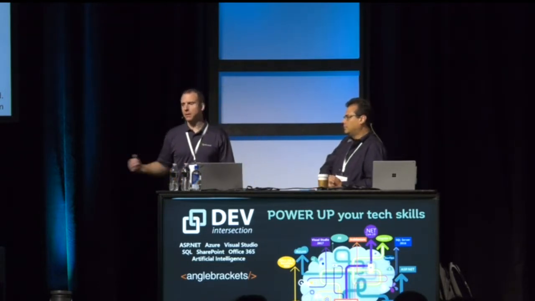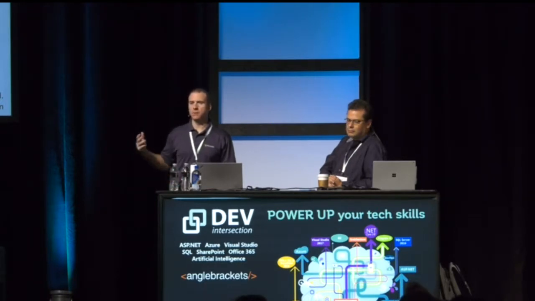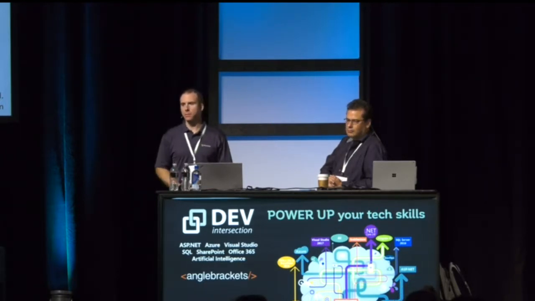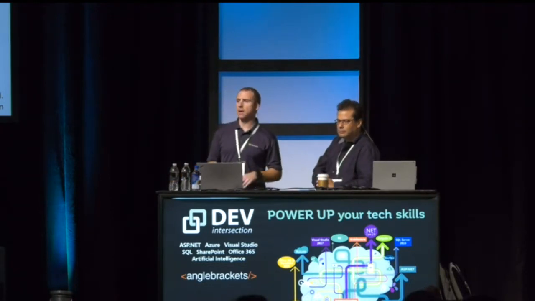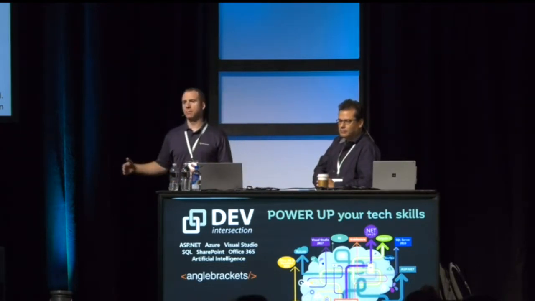So I think the question is about would we support mapping to JSON columns? And yeah, I mean, we're actually looking at that at the moment with Cosmos DB. So Cosmos DB is in one form a document database where you deal with JSON. So what we generally try and do is if we built out that kind of capability, we would try and figure out how we could apply it across any providers where it made sense.